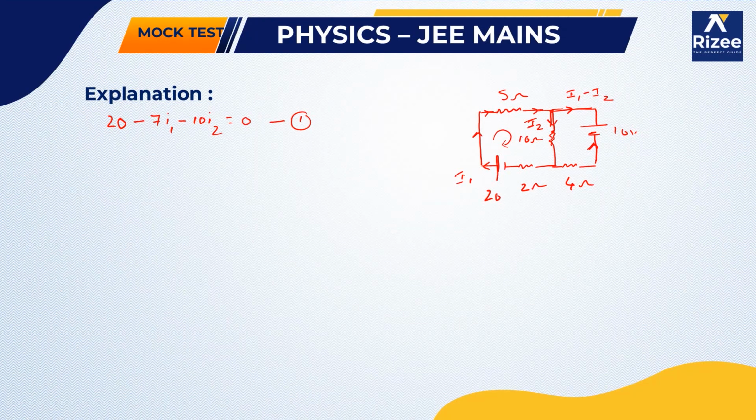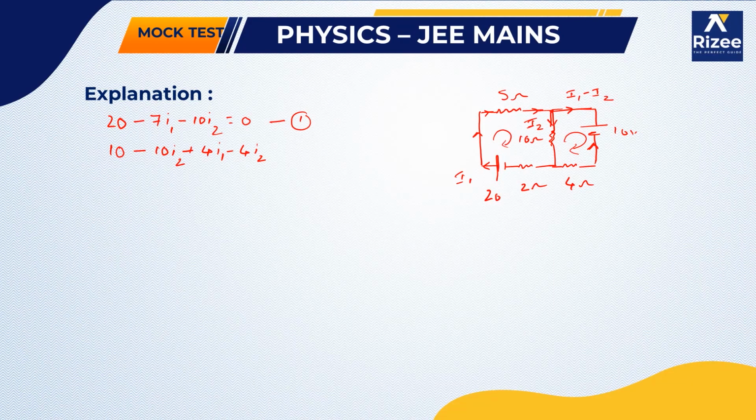Now coming to the second loop. For the second loop equation, let us write it as 10, going from the lower potential under the same conditions, minus 10 I2, and plus 4 I1 minus 4 I2.